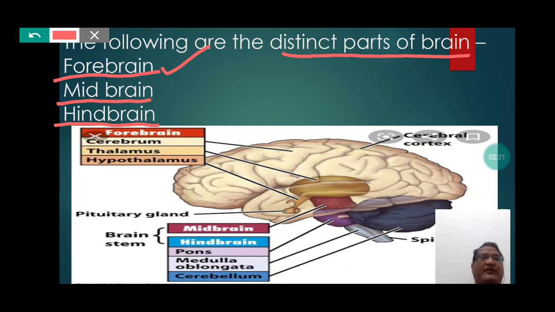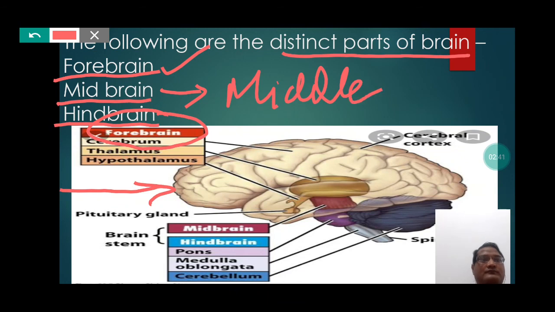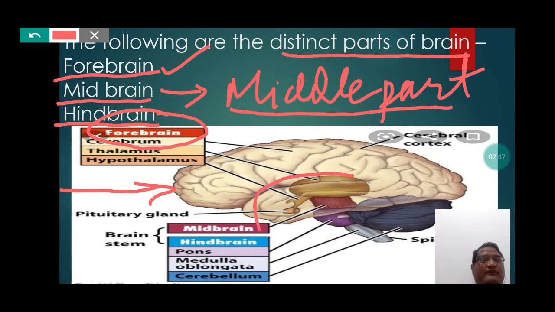Students, forebrain actually is the front part of the brain which you also can concentrate here, and midbrain is the middle part of the brain. Now students, this middle part of the brain you can see here.